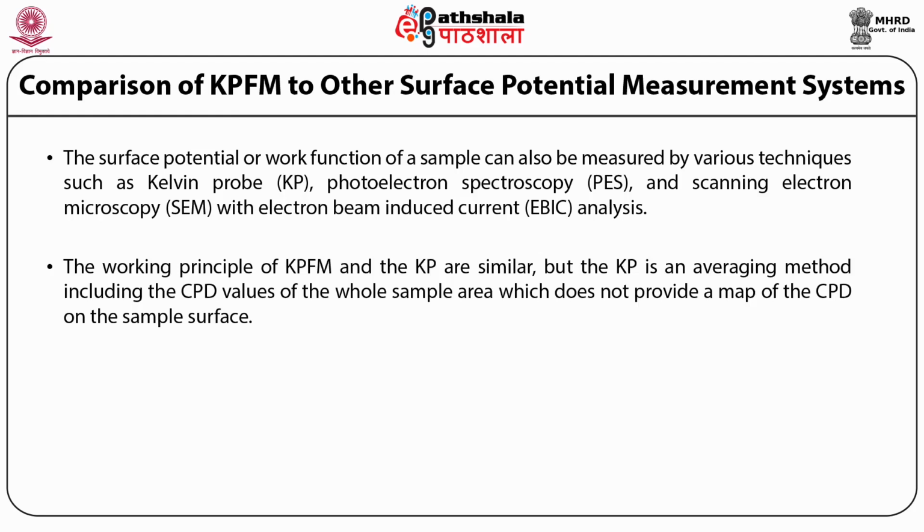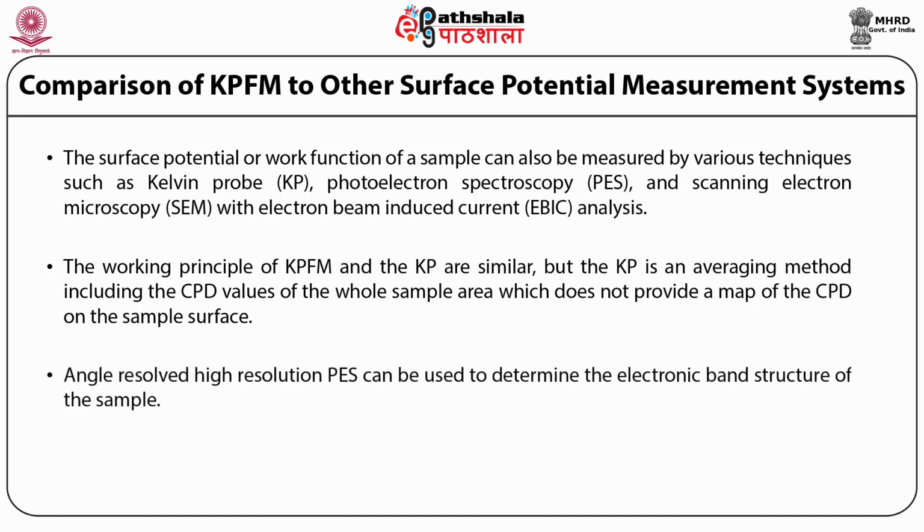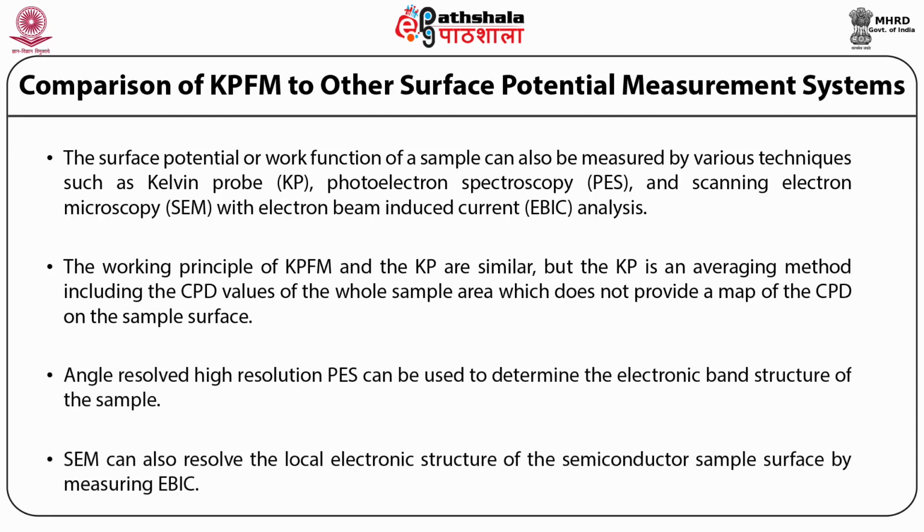PES measures the energy of photo-stimulated electrons emitted from a sample surface. Angle-resolved high-resolution PES can be used to determine the electronic band structure of the sample. SEM can also resolve the local electronic structure of the semiconductor sample by measuring EBIC.